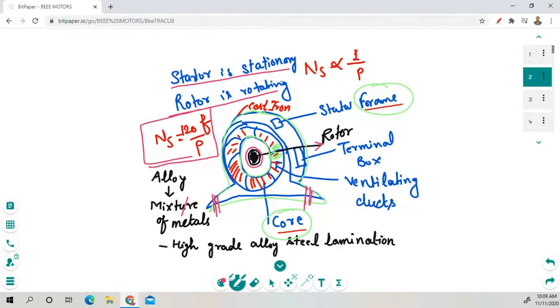So ns is equal to 120 f divided by p. Here ns is the speed, f is the frequency, and p is the number of poles, okay.